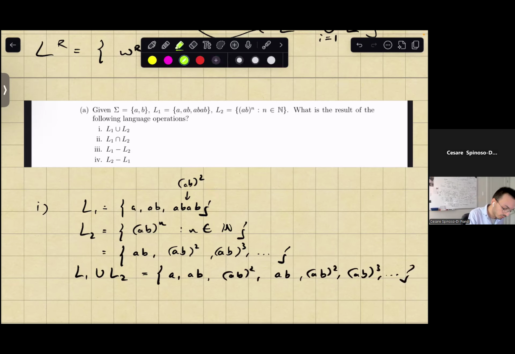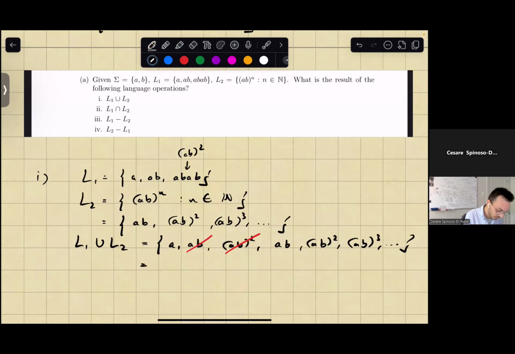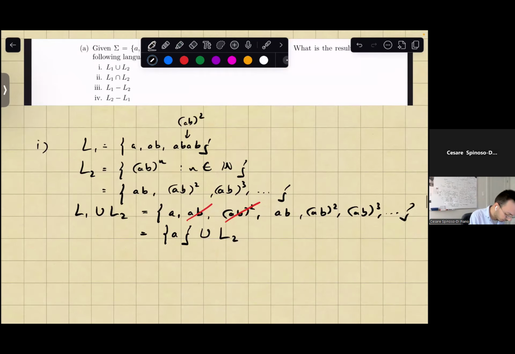We'll just remove the duplicated instances of AB and AB square. And so really what we get is that L1 union L2 is the language which contains A union L2.